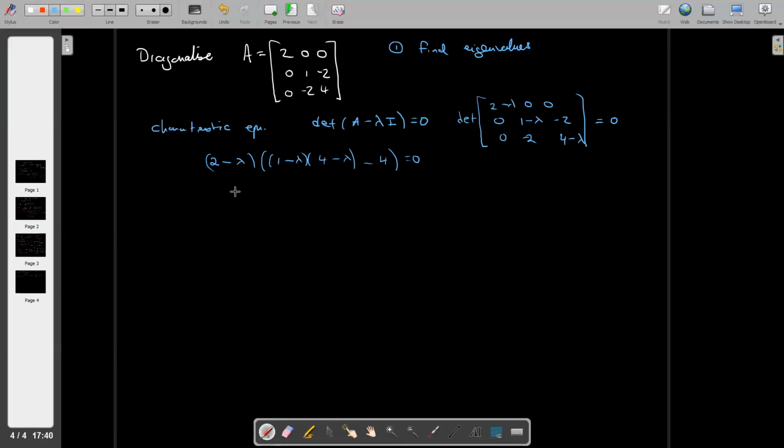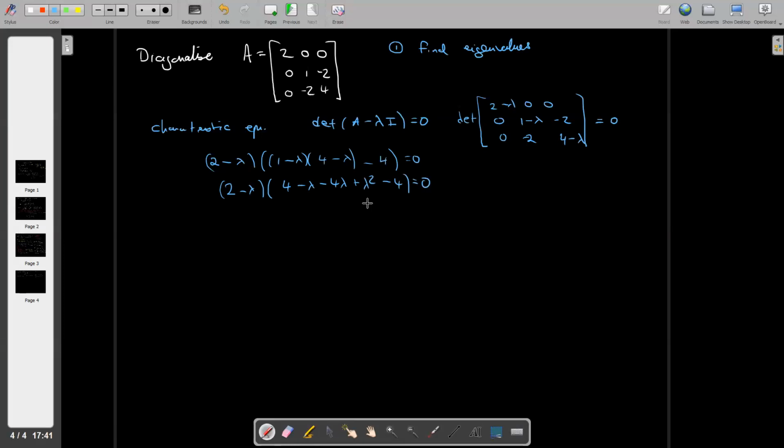Then, well, let's expand and tidy this up. We're going to end up with essentially 2 minus lambda. What will this be? This is going to be 4, take a 4 lambda, plus a lambda squared, take a 4, equals 0.